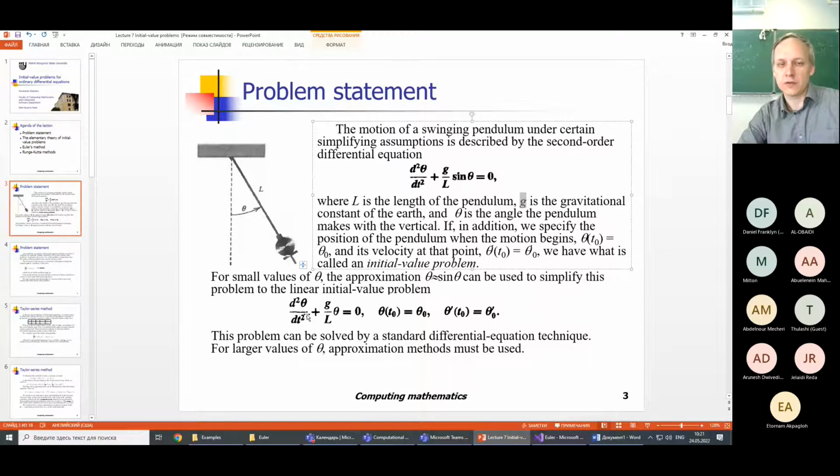Second derivative of theta plus g over L theta equals 0. I replaced sin theta with theta, with initial conditions theta(0) and theta'(0).